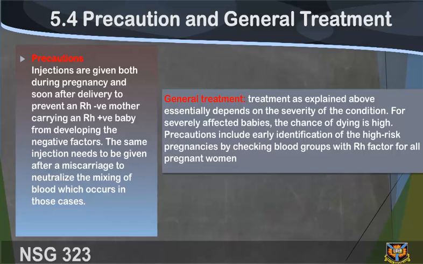General treatment: treatment as explained above essentially depends on the severity of the condition. For severely affected babies, the chance of dying is high. Precautions include early identification of the high-risk pregnancies by checking blood groups with Rh factor for all pregnant women.